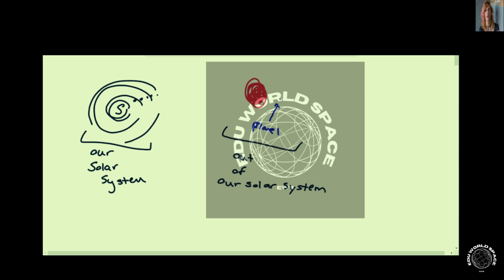So it's really hard to detect because we're over here, many light years away, and the star is in the way. So the detection of an extrasolar planet is quite difficult.